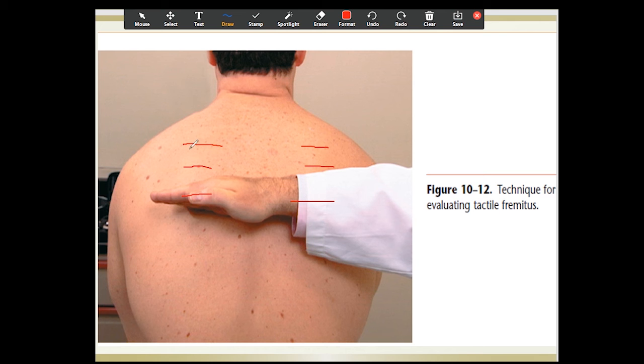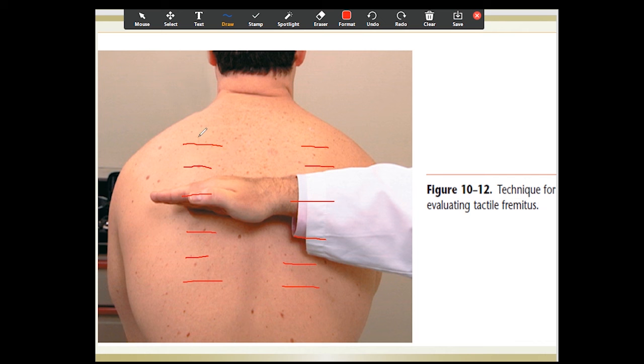Keep the same words, and compare both sides' sounds at different levels. Generally, if the feeling from your hand is the same on both sides, that will be normal.